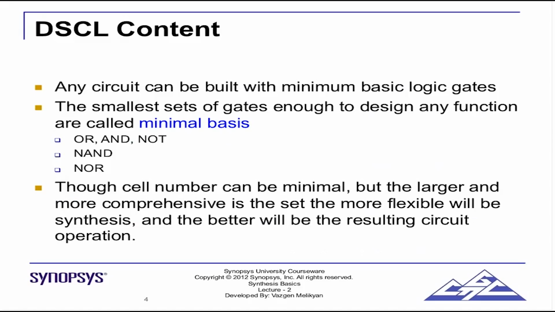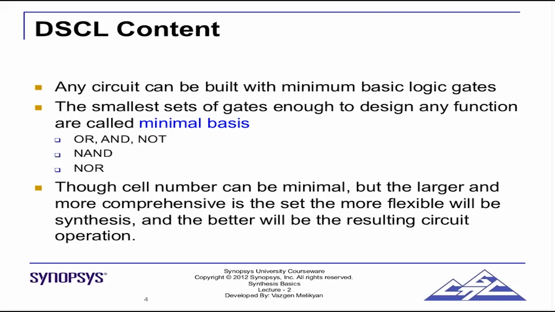So the requirement by Design Compiler is that before you embark on doing synthesis, any standard cell library you load should have a minimal number of cells, and that minimal number is it should contain OR, AND, inverter, NAND, and NOT. This is the minimum number of cells you should have to implement any logic function. This is the requirement by Synopsys Design Compiler.